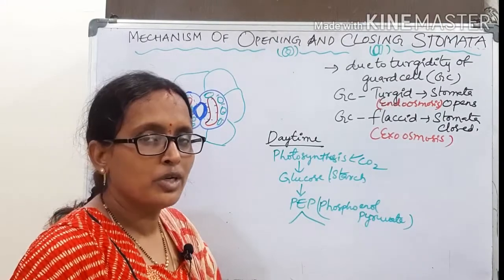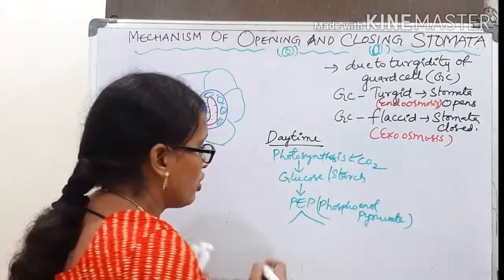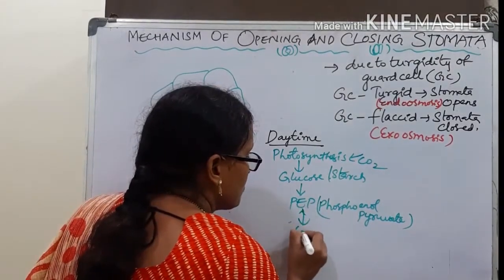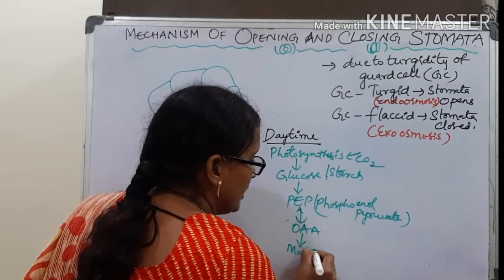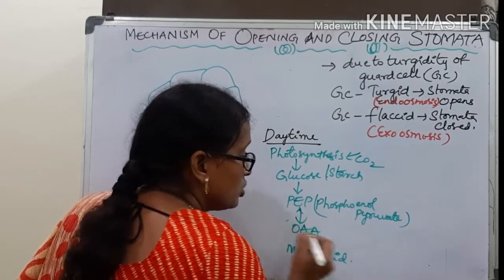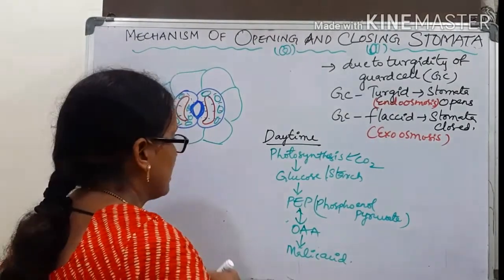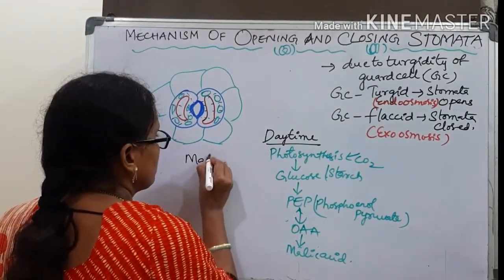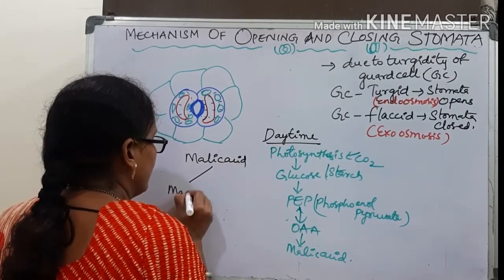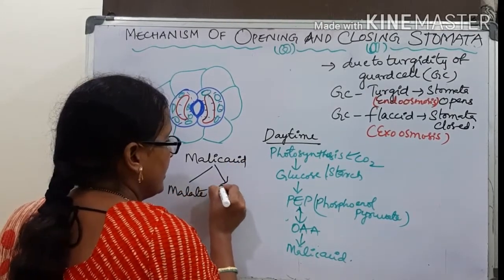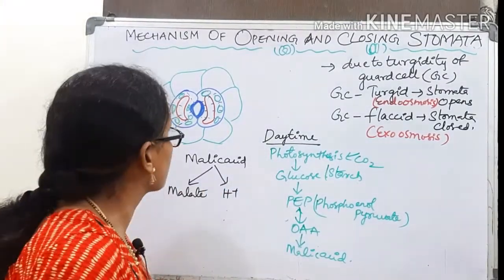Then glucose is transformed into PEP, and the PEP forms oxaloacetic acid and then malic acid. This malic acid dissociates and is transformed into malate and H plus ions.